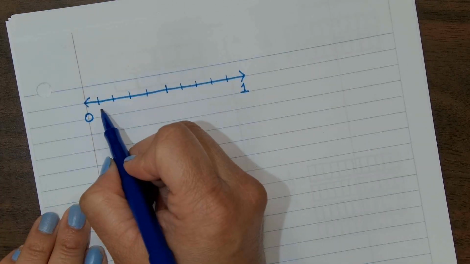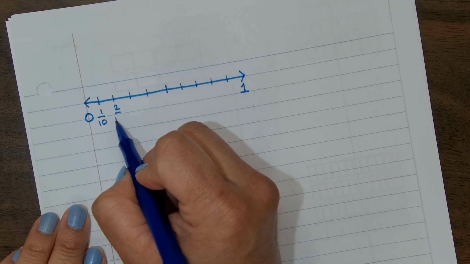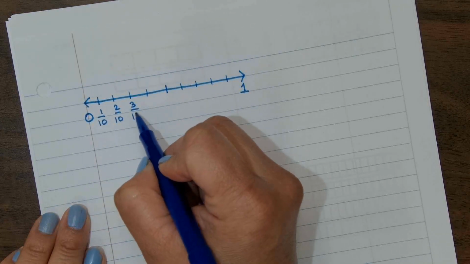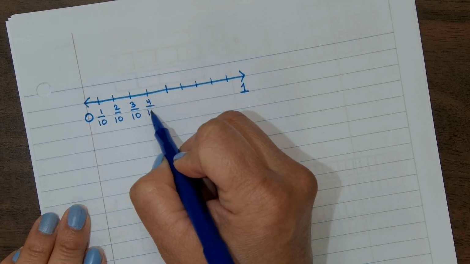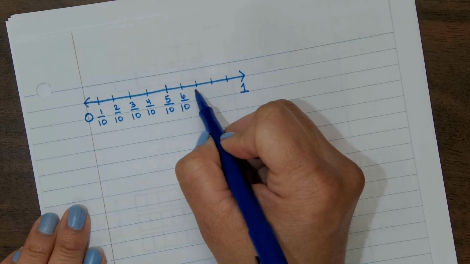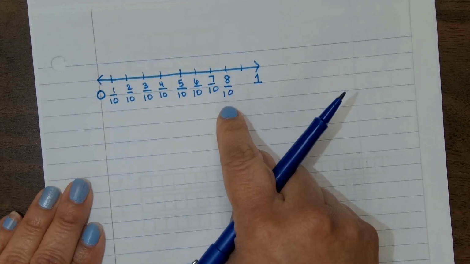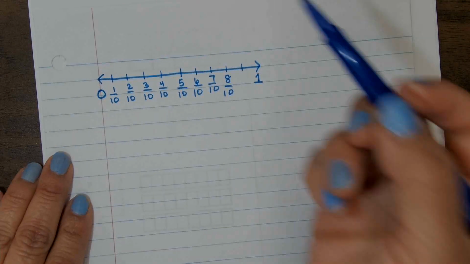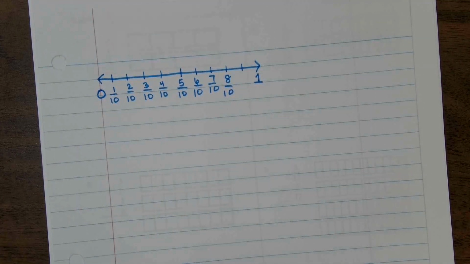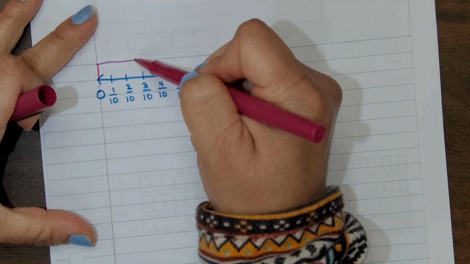So this would be 1/10, 2/10, 3/10, 4/10, 5/10, 6/10, 7/10, and 8/10. That's where I'm stopping, 8/10. So we can draw a fraction bar above it to help us.